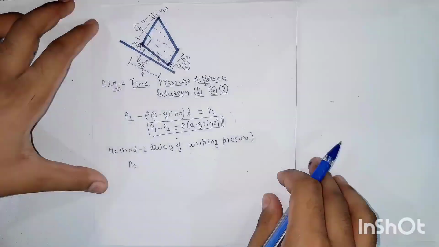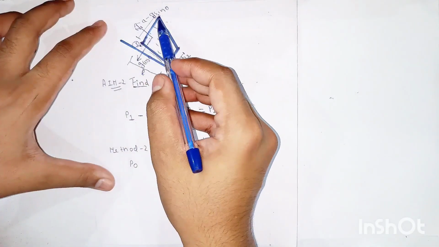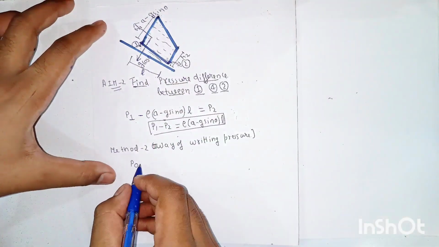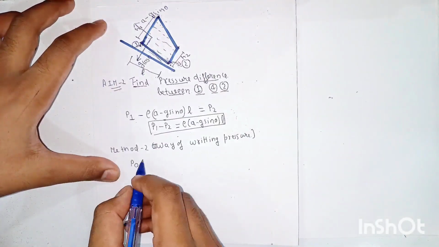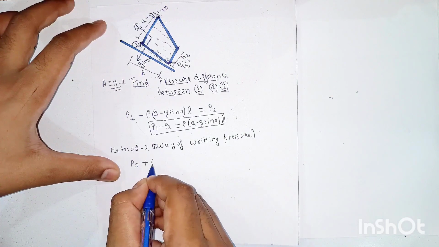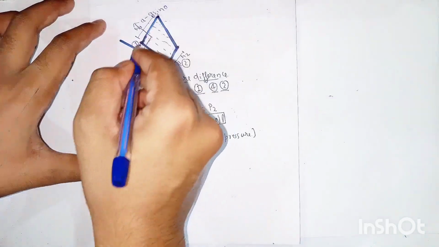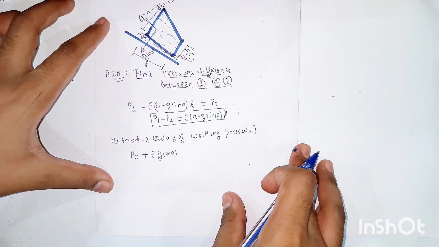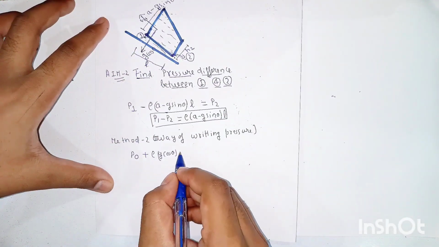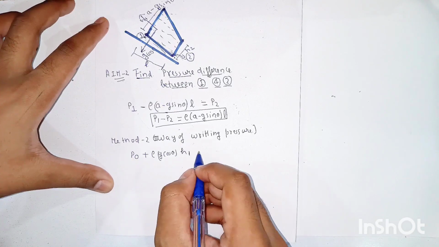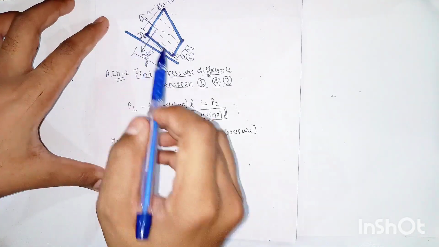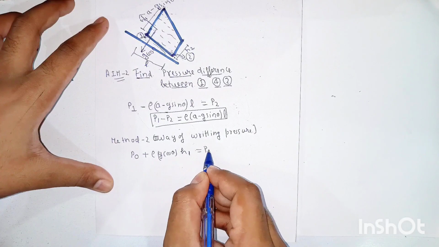So P0. Now let us travel along this path. Here the pressure is P0 plus rho g cos theta, as the acceleration in this direction is g cos theta, so P0 plus rho g cos theta into h1, and finally we are here, so we will be equating it to P1.